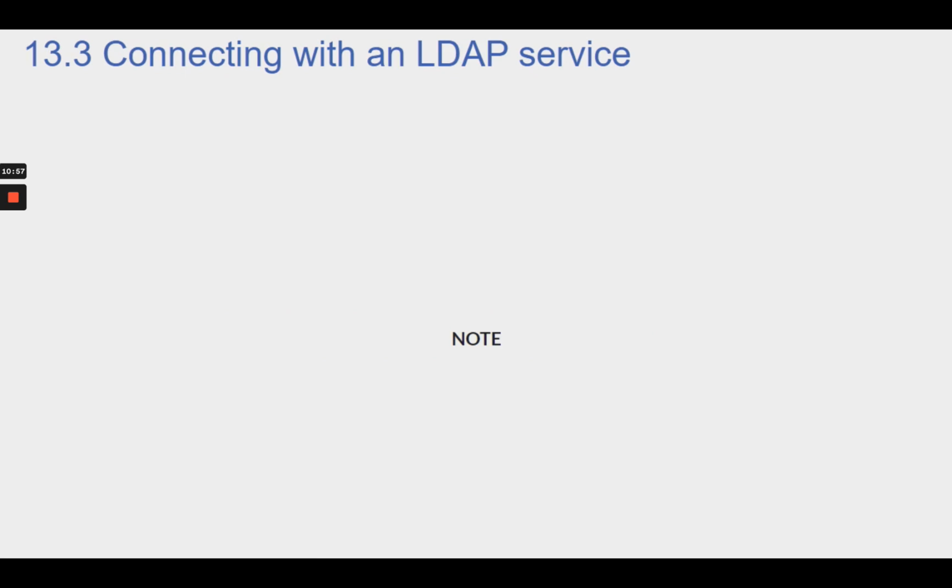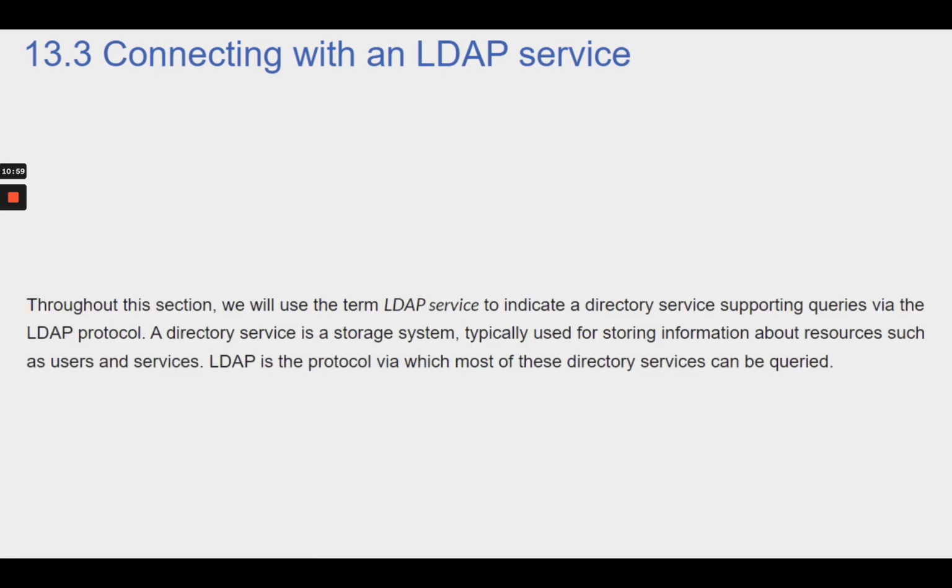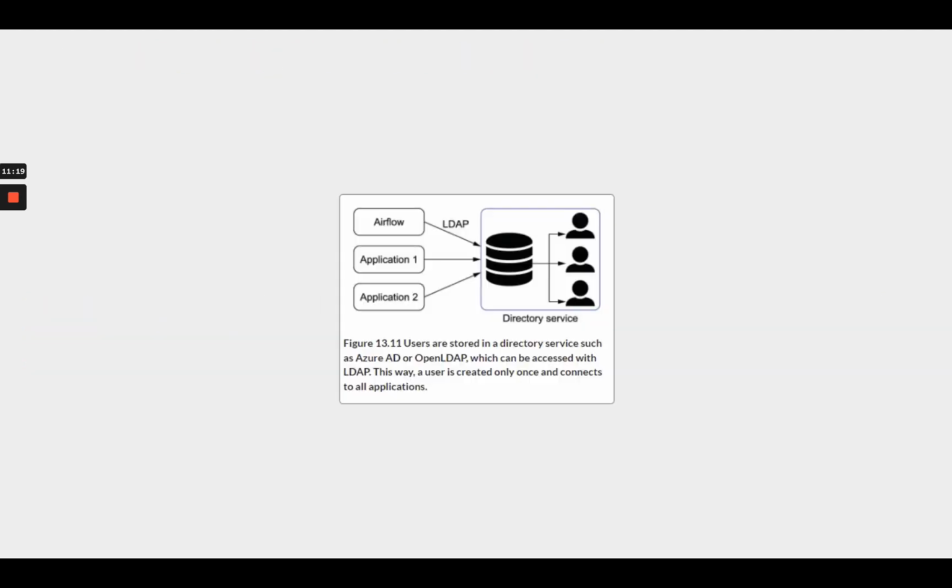Note: throughout this section, we will use the term LDAP service to indicate a directory service supporting queries via the LDAP protocol. A directory service is a storage system, typically used for storing information about resources such as users and services. LDAP is the protocol via which most of these directory services can be queried.